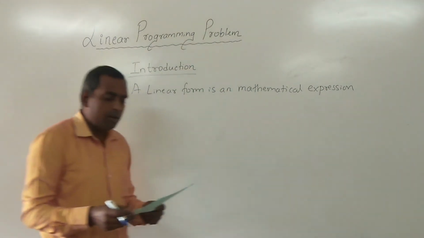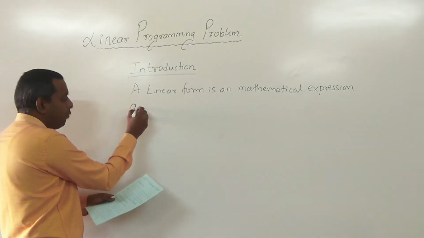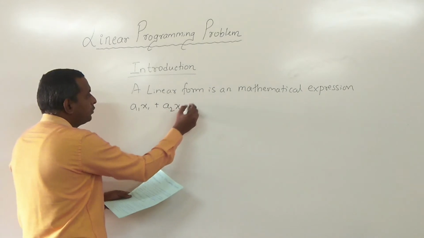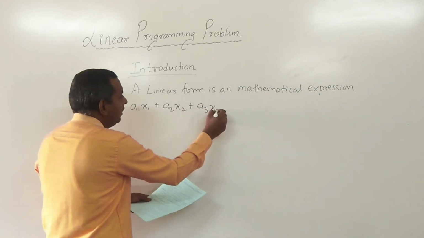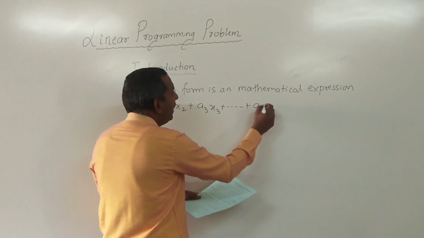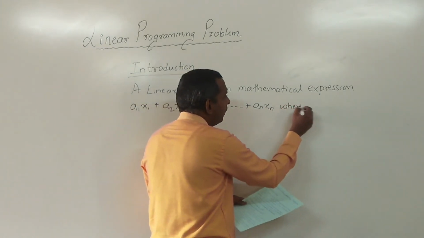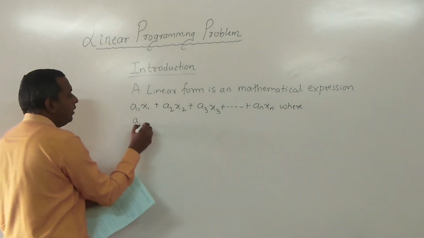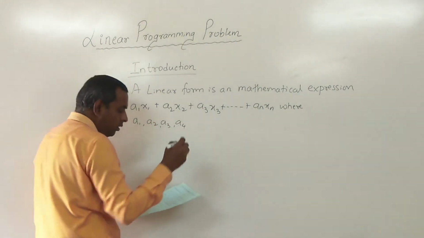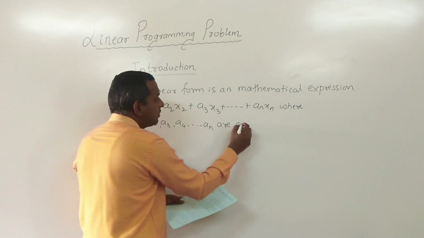Fine. First of all, what type of mathematical expression is it? It is a1 x1 plus a2 x2 plus a3 x3 up to an xn, where a1, a2, a3, a4 up to an are constants.